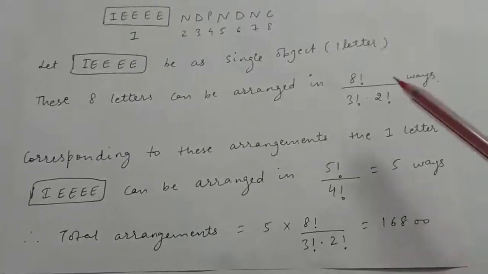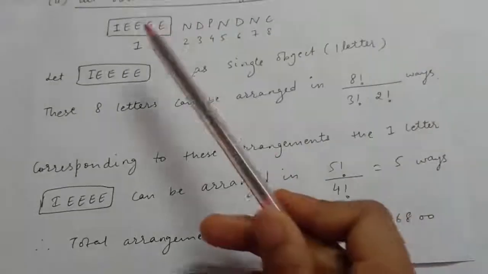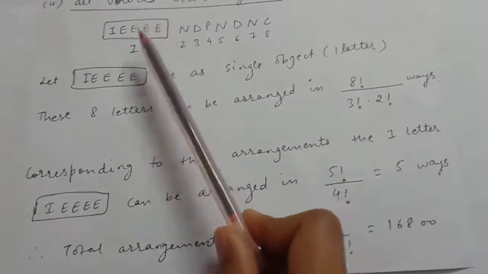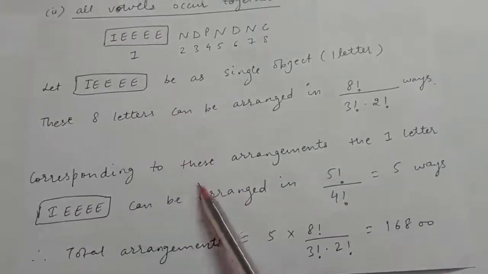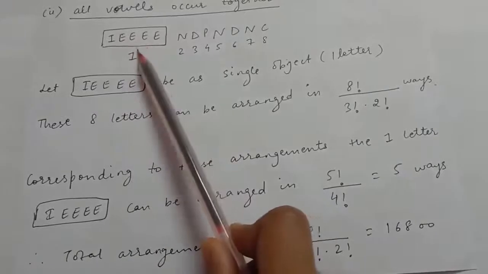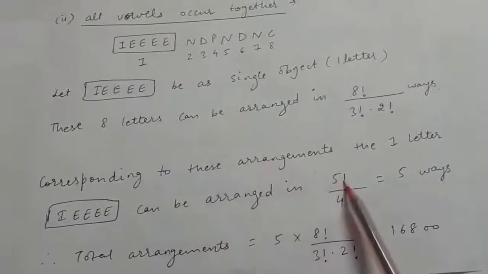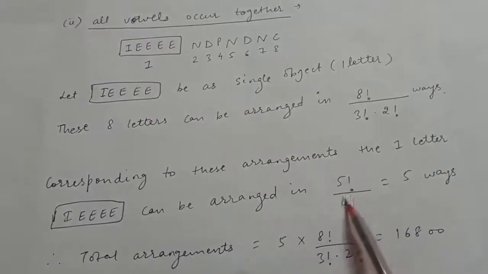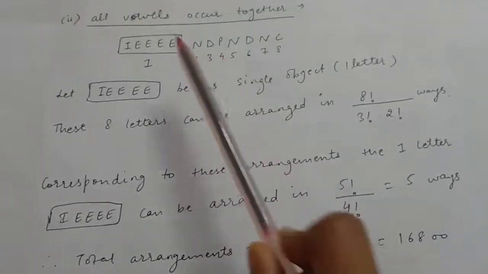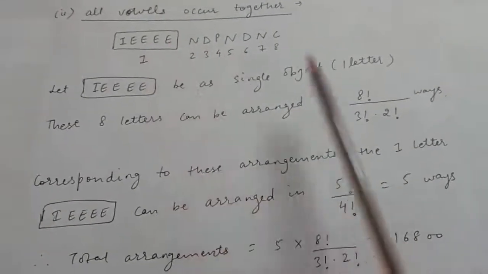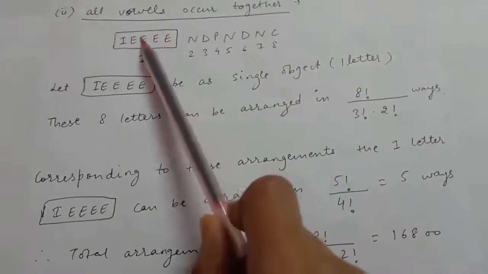Now, corresponding to these arrangements or these permutations, we have considered this as one letter, but in actual it consists of 5 letters, out of which E is repeating 4 times. So this letter can be arranged in 5 factorial upon 4 factorial. This 4 factorial is for E, which is repeating 4 times. We will not consider the repetition of E earlier because we treated this as one letter, right?